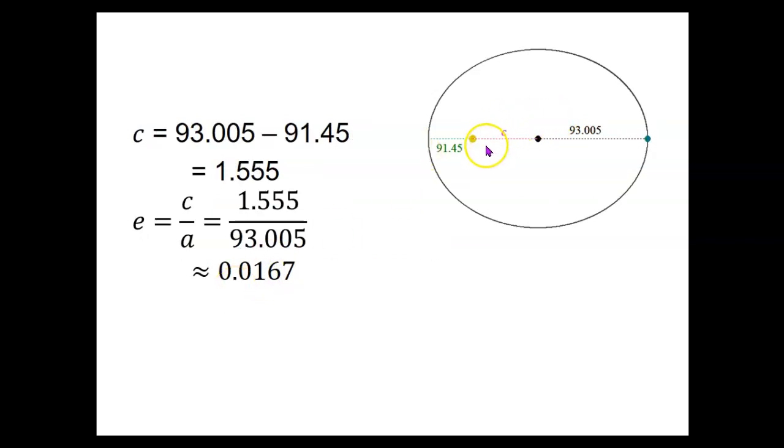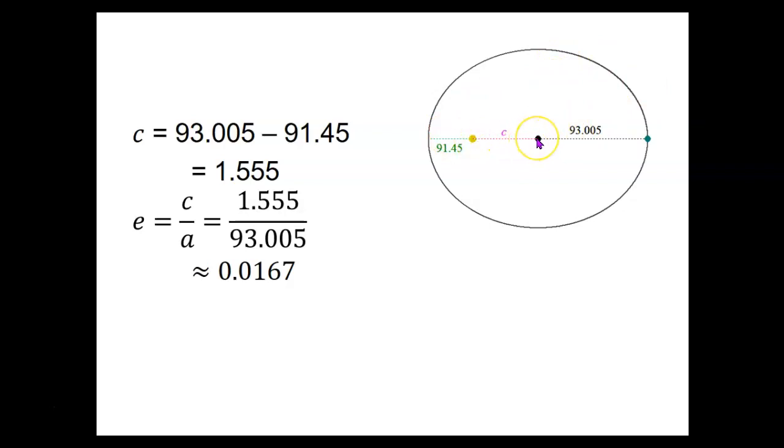Now, c would be, well, if we have a, that's how far it is from the center of an ellipse to a vertex. c would be the distance from the center to the focus.